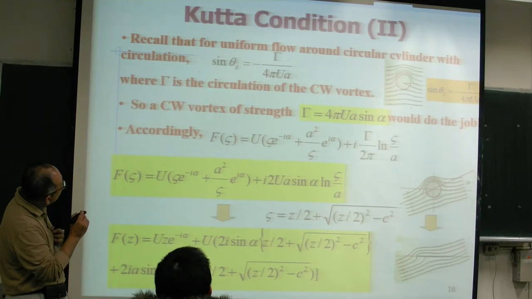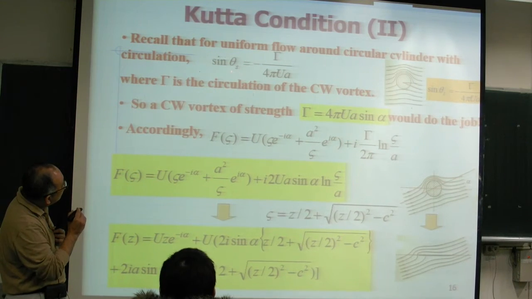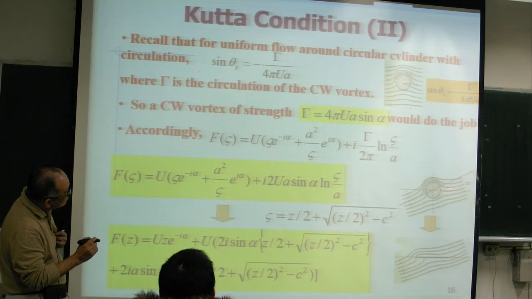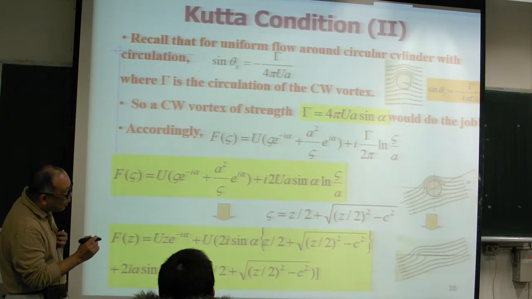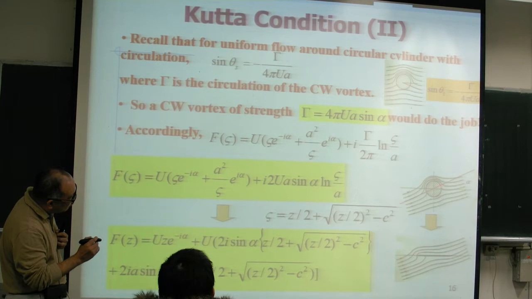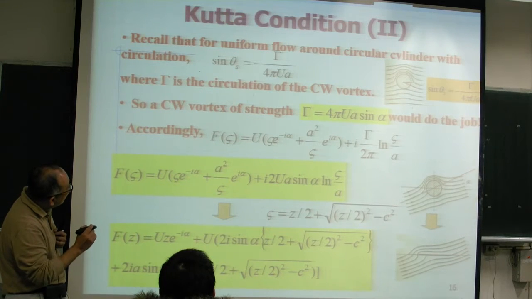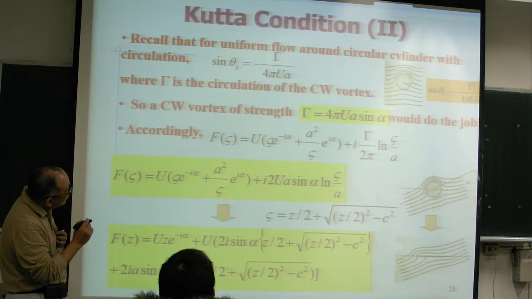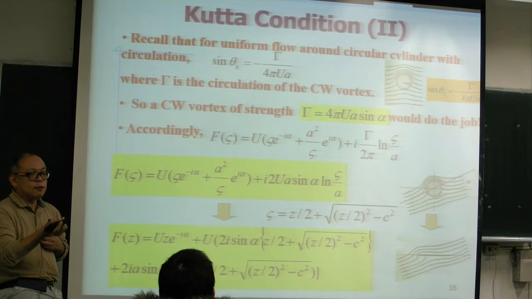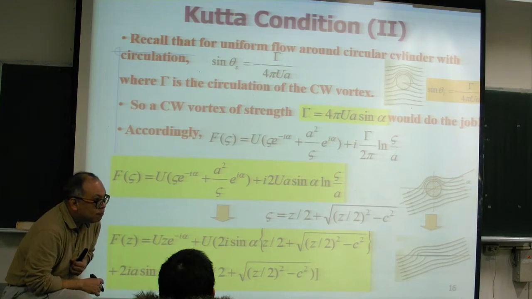The gamma will be equal to 4 pi UA times sine theta s. Right now for this case, our theta s is alpha, because we would like to change our stagnation point from this point to this point, and the angle here is alpha. So theta s becomes alpha here. So this is the exact circulation strength we have to apply in order to satisfy the Kutta condition.